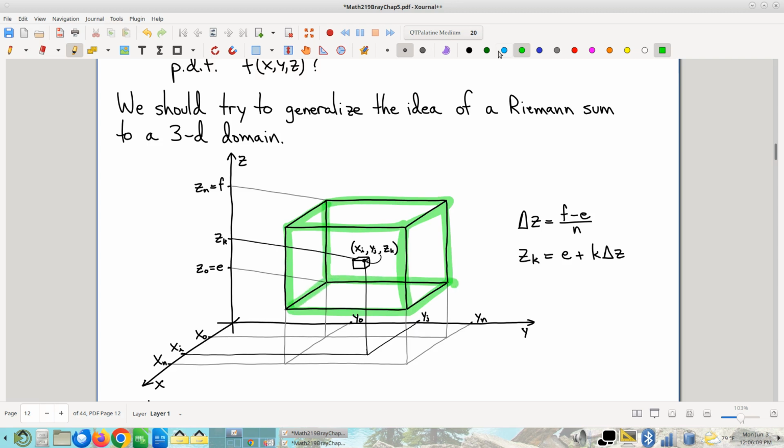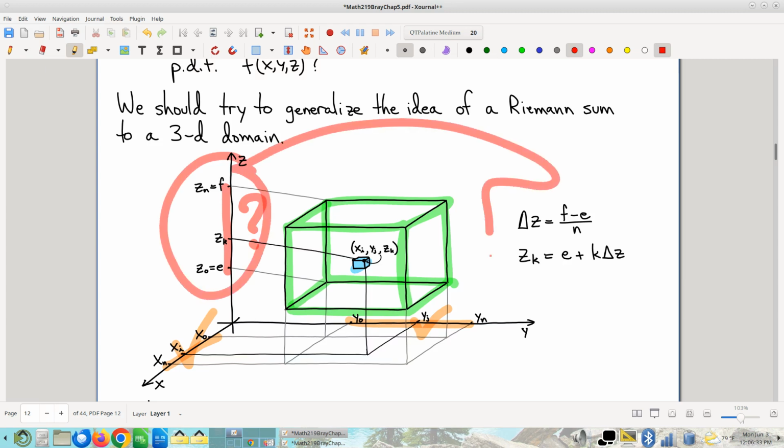I can imagine chopping that into a bunch of little pieces. How would I describe those pieces? Well, I've already talked about chopping up the x-axis. I've already talked about chopping up the y-axis. We already have those formulas. We're just going to need to chop up the z-axis, following the same patterns. We just get those formulas right there.